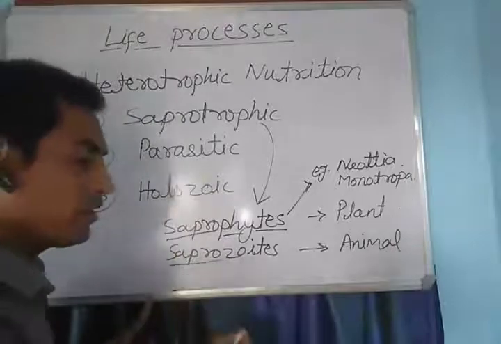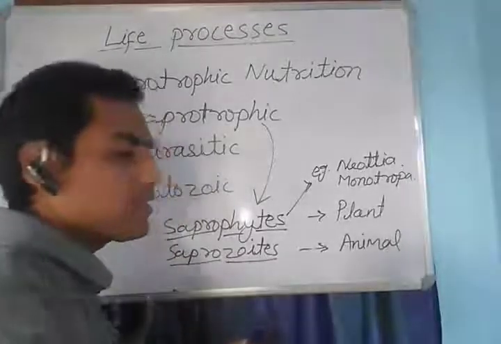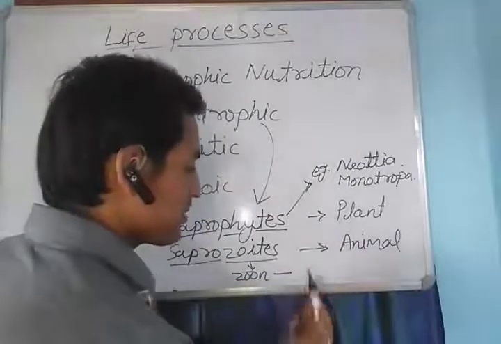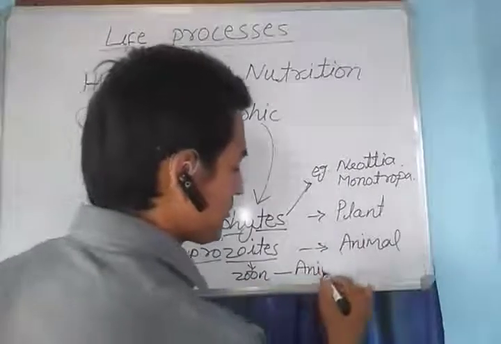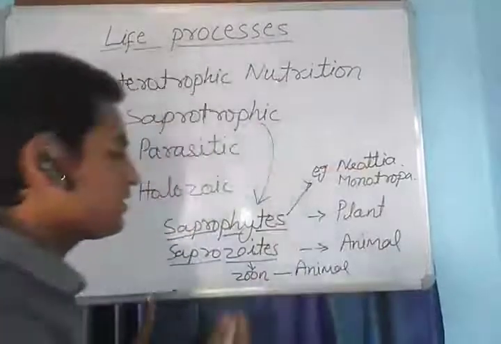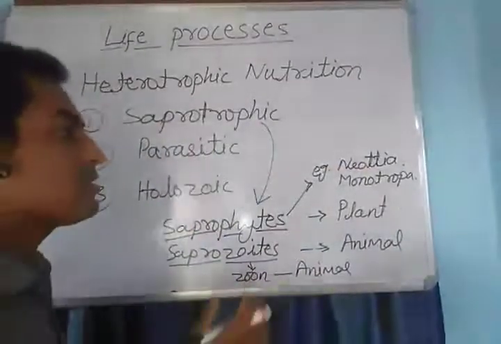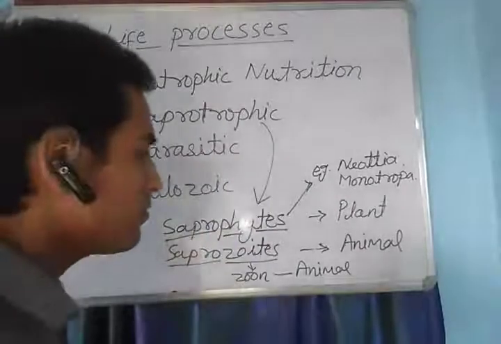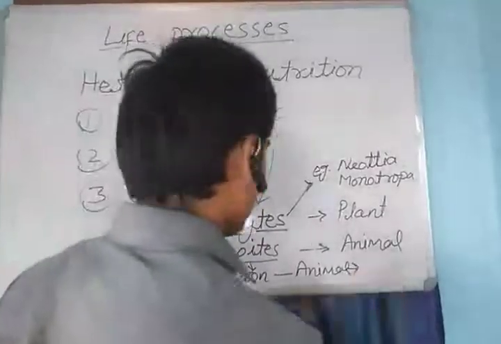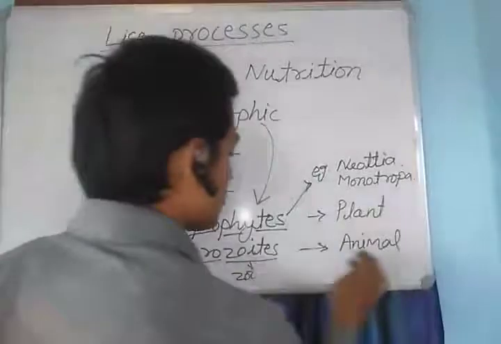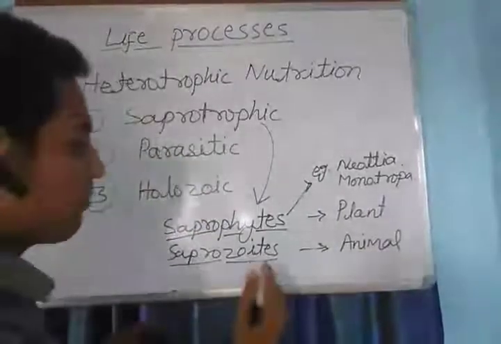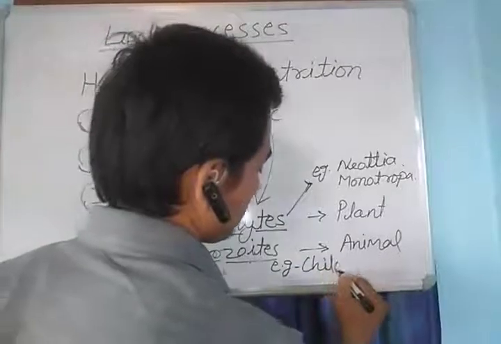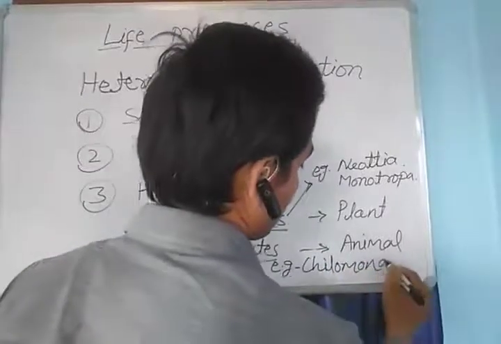Sapro means rotten and zoites represents animals, and saprozoites are the animals that follow the saprotrophic mode of nutrition. Example: Chilomonas.